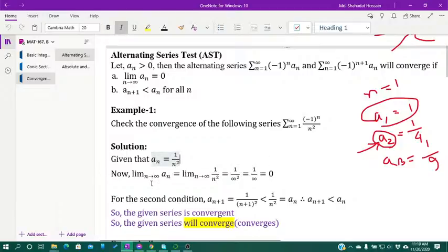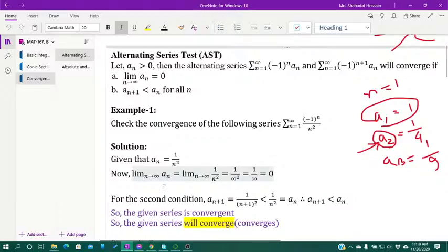Now we are going to determine the limiting value of an. If I substitute the value of an here, I can see that 1 by infinity square, that means 1 by infinity, so this is 0.